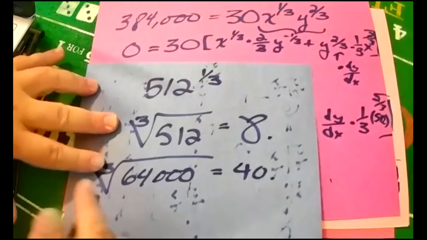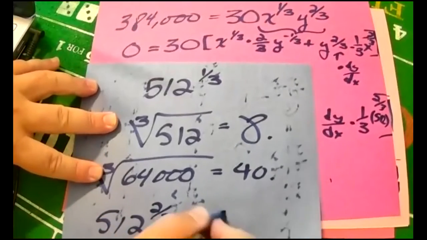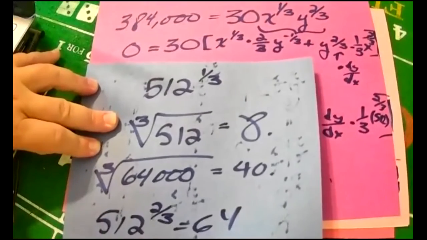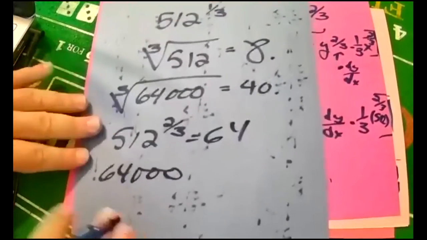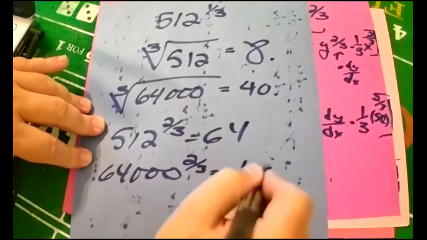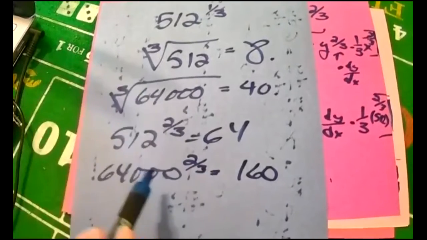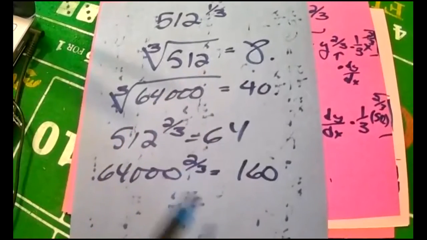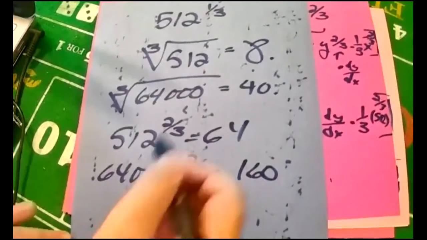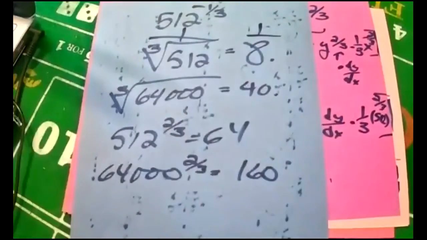That being the case, 512 to the 2/3 is going to be 64, and 64,000 to the 2/3 is going to be 1600. Now you could do this with a calculator, but these are times table facts and they turn out to be nice whole numbers, which gives you a little bit of an indication that you're probably going in the right direction. Just remember, if it's to the negative 1/3, then it's going to be 1 over it. That's the only difference.